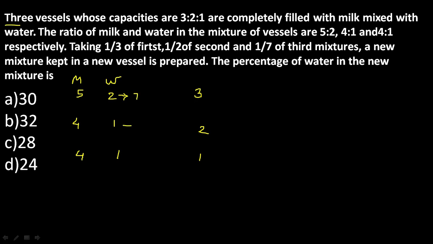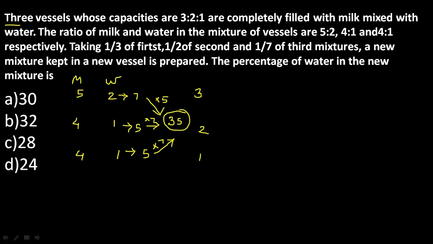Here how many units are there? 7. Here totally 5 and here 5. When we take the LCM we will get 35. From 7 you have to multiply with 5, and with 5 we have to multiply with 7 to get 35, and here multiply with 7 to get 35.